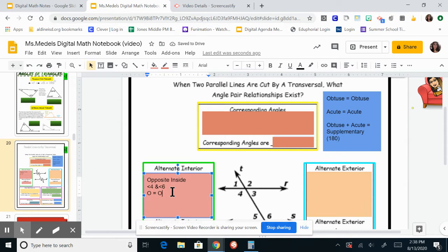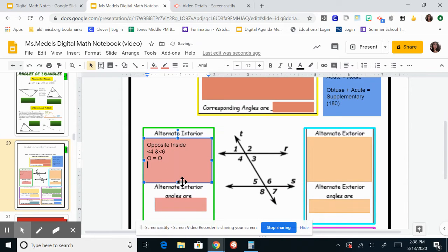Okay? Now there is another set of alternate interior angles, and that is going to be angle 3 and angle 5. It is on the opposite side of where that 3 is at, okay? Opposite sides. So if I look at 3, 3 is a small angle, or it is the acute angle.